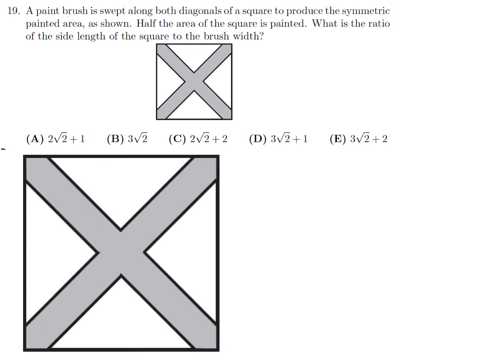Let's do a little bit of labeling. I don't think we'll need to label that much, but this distance right here, from there to there, is very important because that distance basically represents the question answer. The brush width. That red line is the brush width.